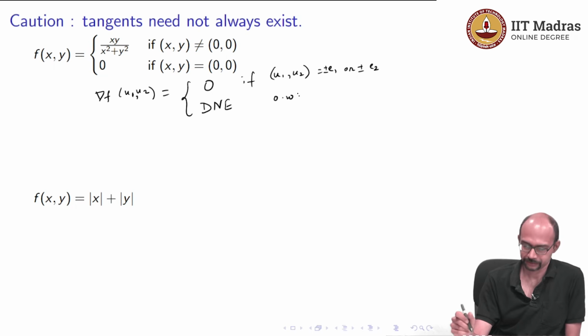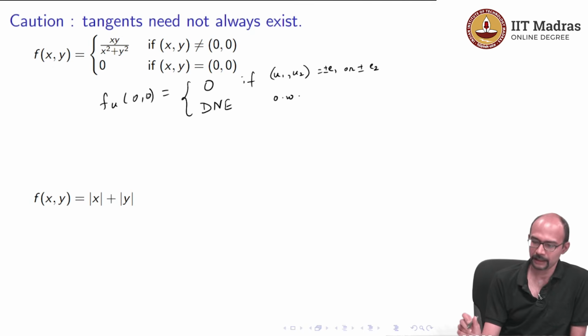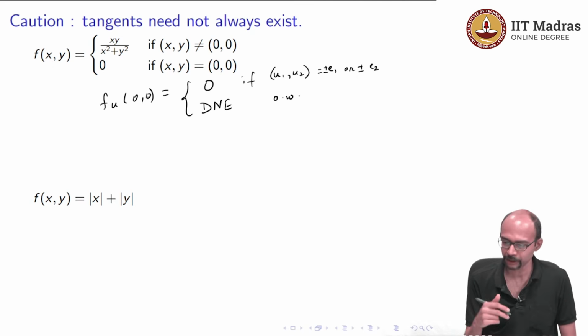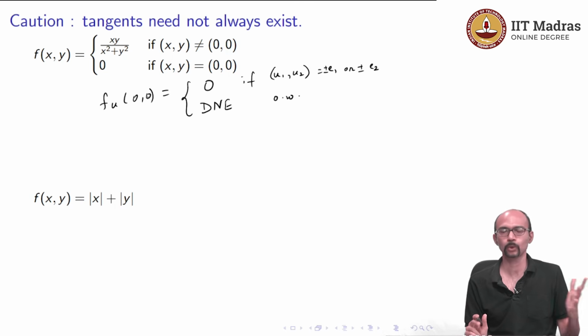And oh my bad, this is f, it's a mess, sorry, I meant to say f_u at (0, 0). And so, once we know that the directional derivative in the particular direction does not exist, we know from our one variable calculus that the derivative of a one variable function existing is precisely the same as saying that the tangent line exists. Otherwise, there is no notion of a tangent line.